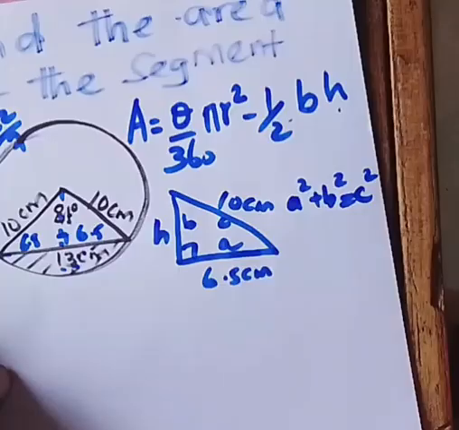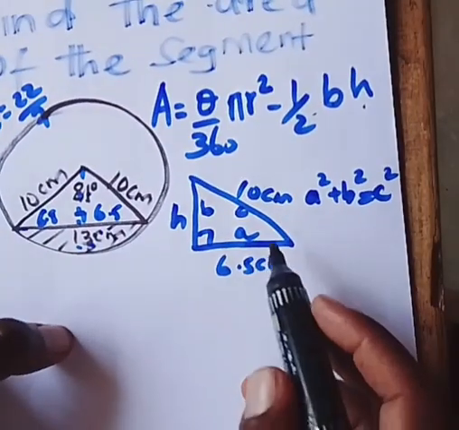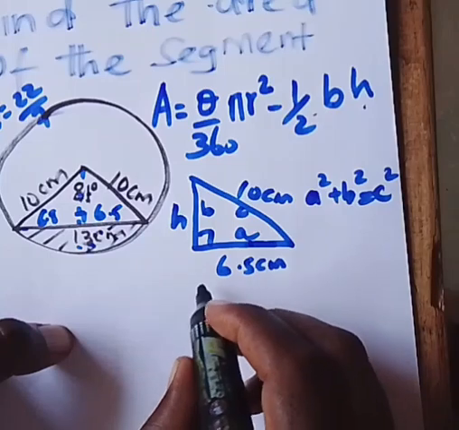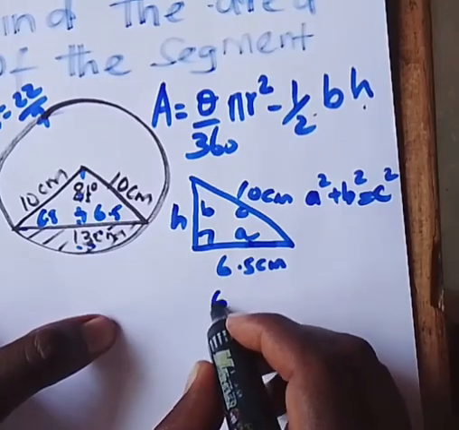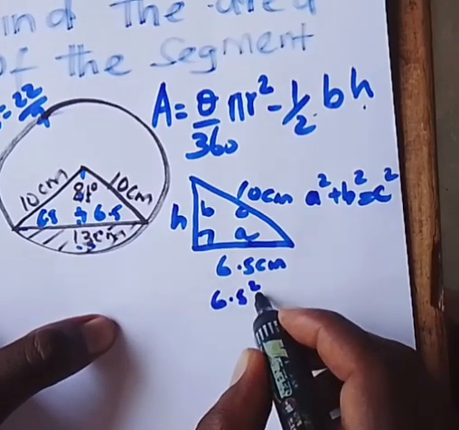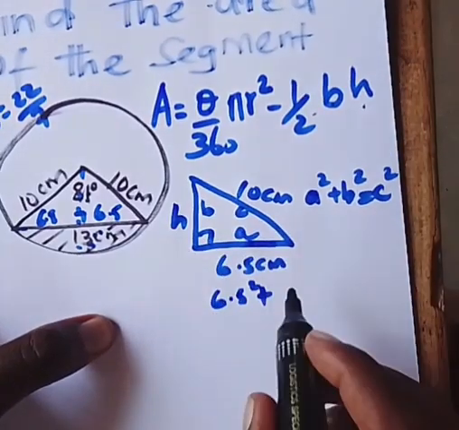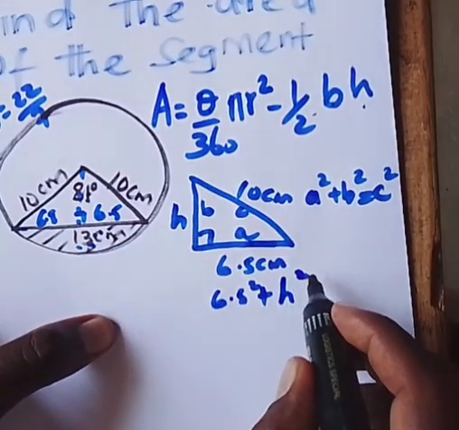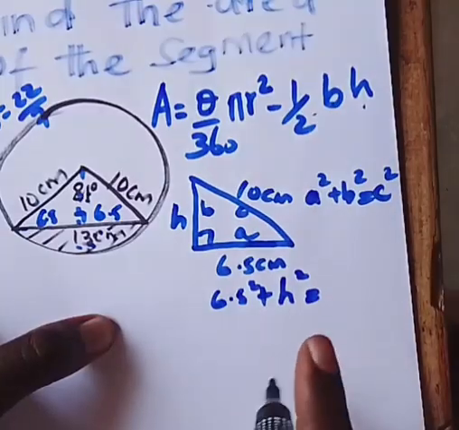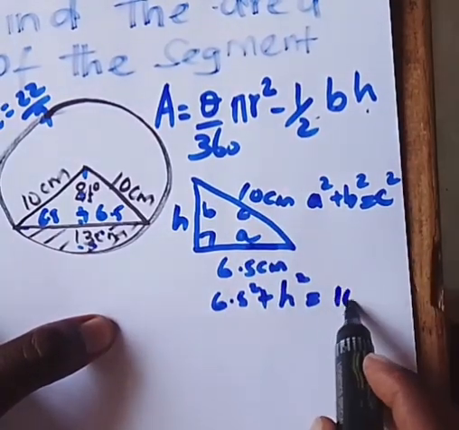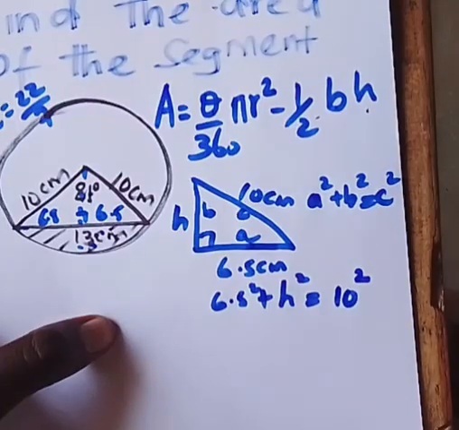Let's replace what we have on this formula. What is our A? A is 6.5. So you write here 6.5 squared plus our B, which is now the height. So we will say H squared. Our C is the hypotenuse, which is 10 squared.